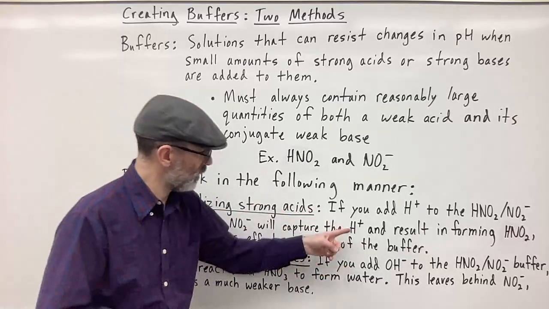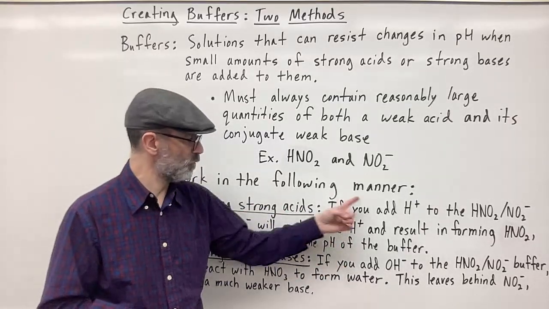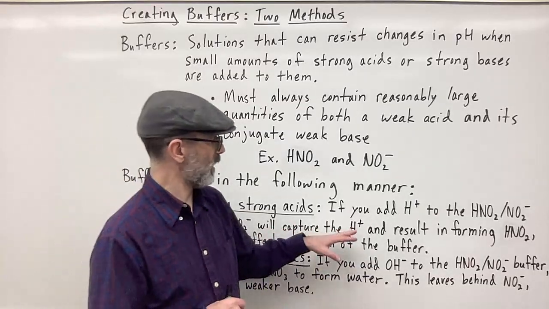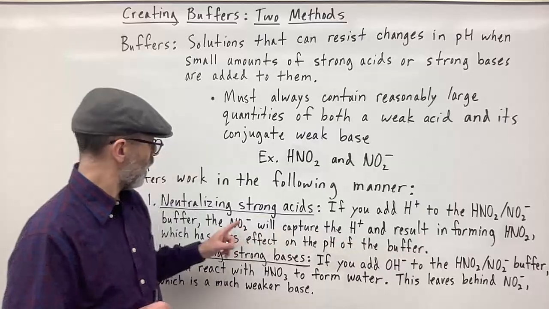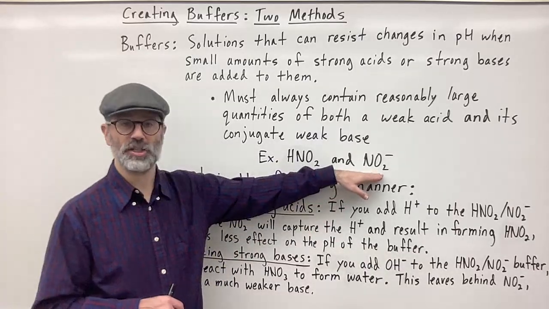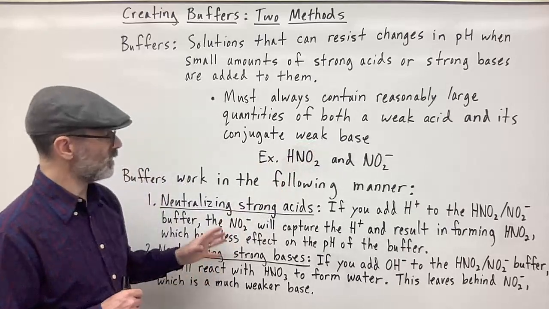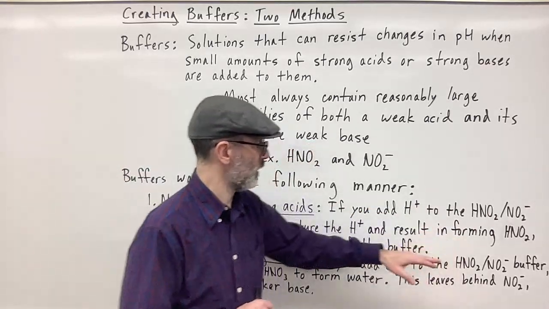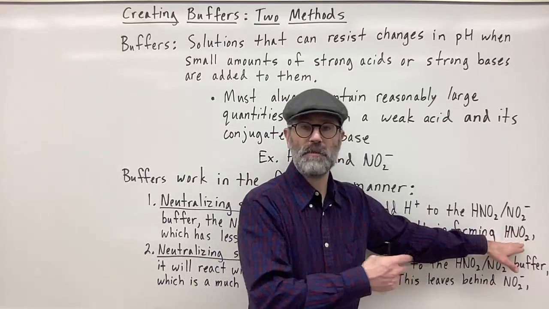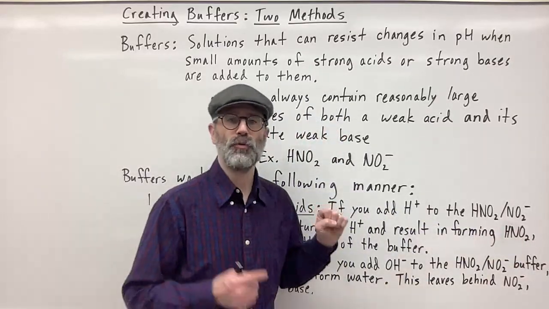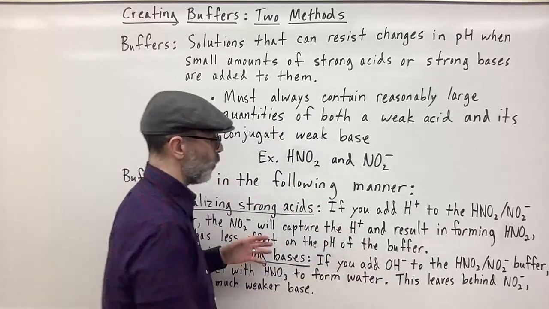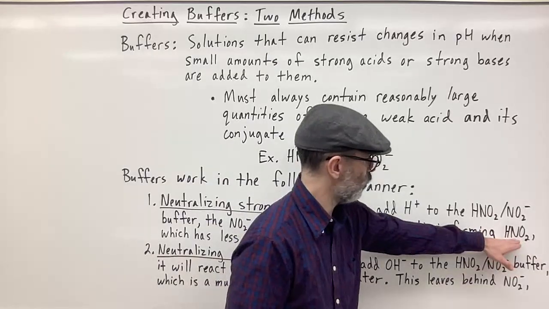So you're putting in a strong acid, and that's producing all of these H+ ions. The H+ ions will then react with the nitrite ions, the conjugate base of the buffer, and that's going to result in forming the weak acid back. So basically, you've replaced the strong acid, H+, with a weaker acid, HNO2.